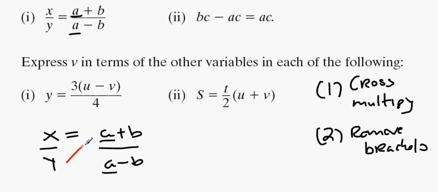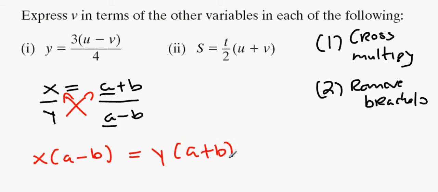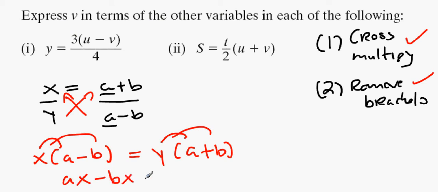We cross multiply, and what we're going to be left with is x into a minus b equals y into a plus b. Cross multiply, remove brackets, as in multiply out brackets. So what we're going to get here is ax minus bx equals ay plus by.